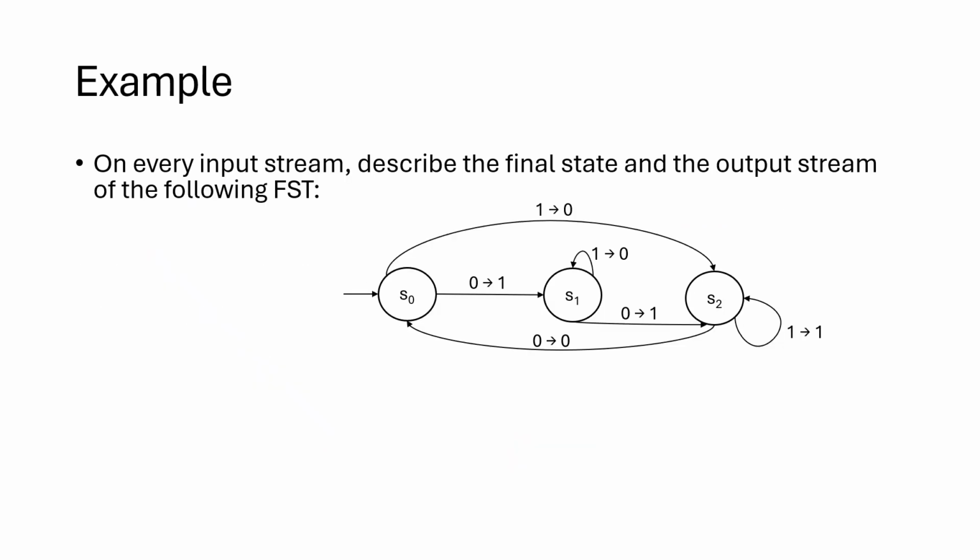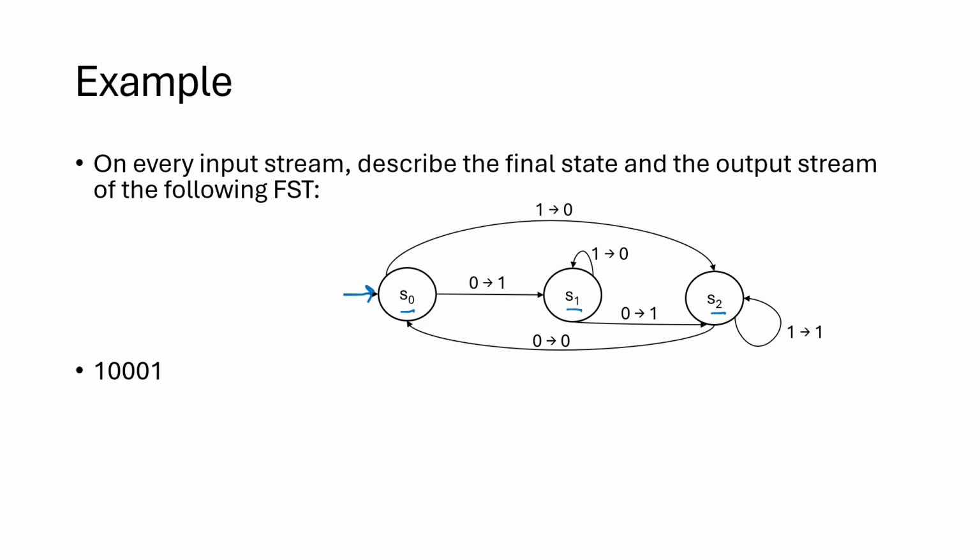Now here's another example. This time my finite state machine has 3 states, namely S0, S1, and S2. I know that S0 is my initial state because of this arrow on the left side that goes from nowhere to S0, so that means start from S0. And then we have the other edges that tell me how the transition works given that we are at S0, S1, or S2, and the input symbol, which is either 0 or 1.